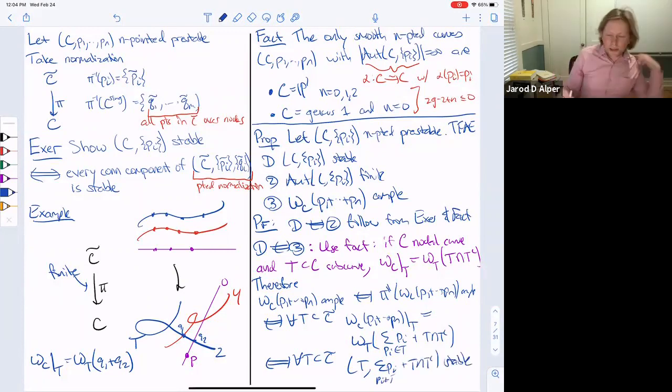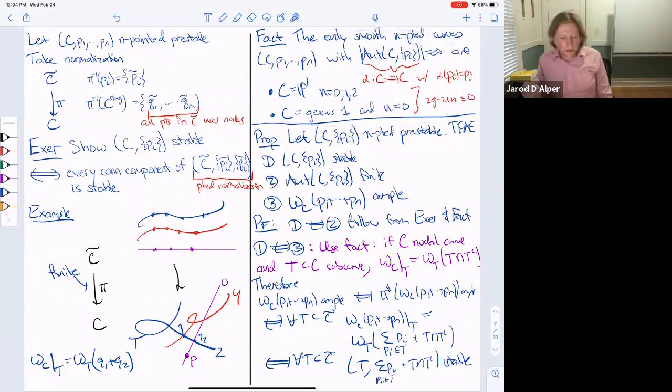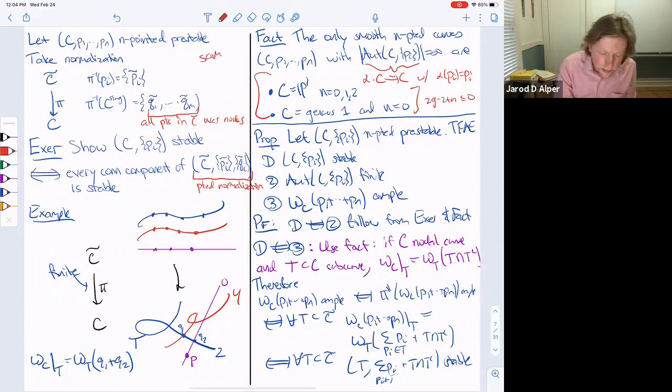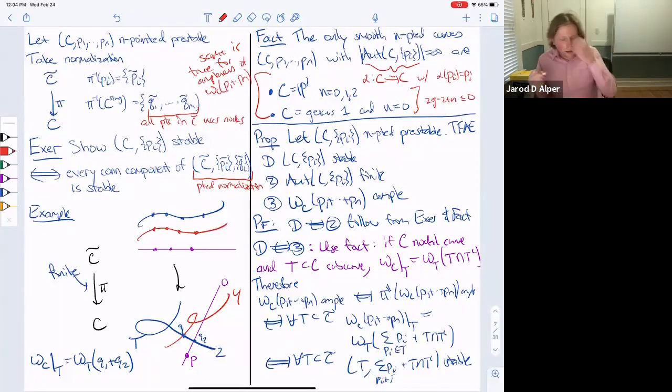And the final observation we need is that, if I look up here at this fact I had for the finiteness of the automorphism group, the same property is true for ampleness of omega C shifted by these points. This is the basic property of smooth curves: if you have a line bundle whose degree is positive, then it's ample.